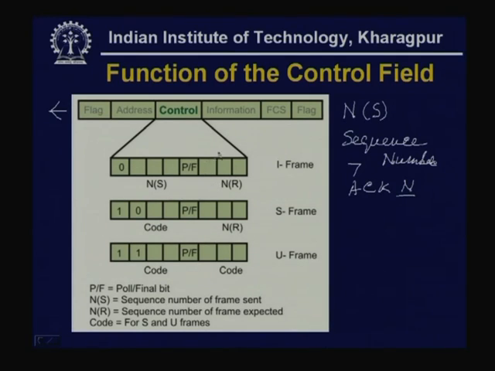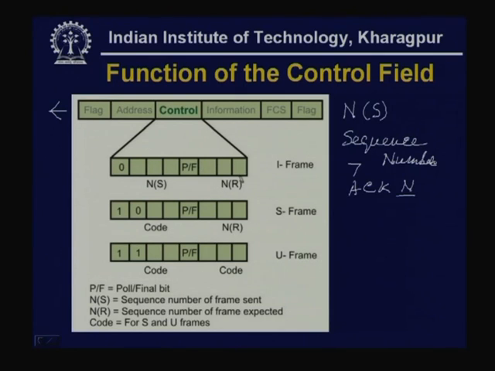So, how the piggybacking is done: whenever the two stations are connected by full duplex communication, then piggybacking can be used and acknowledgement information can be provided as part of the information frame. So, this is how these 3 bits are used for that purpose.